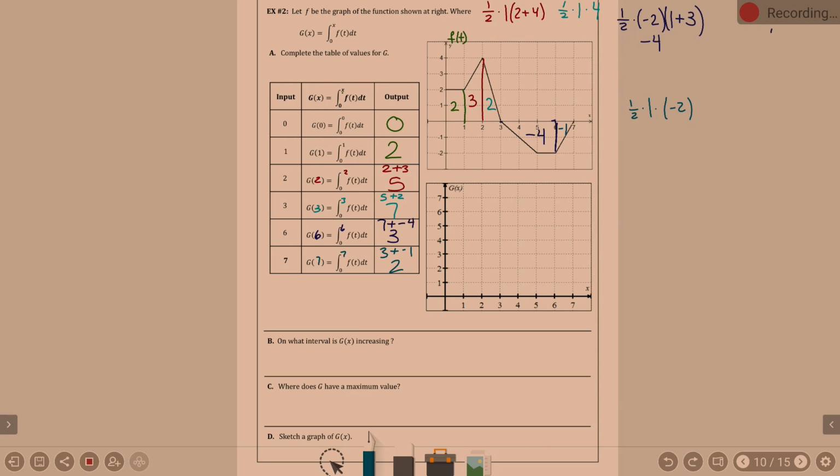Okay, so A was complete the table of values for G. We did that. We're going to graph G at the very end. B is asking on what interval is G of X increasing? 0 to 3. And why 0 to 3? It's above the x-axis. My values are increasing there, yes. Okay, we hit that point where it is. Is that open or closed?